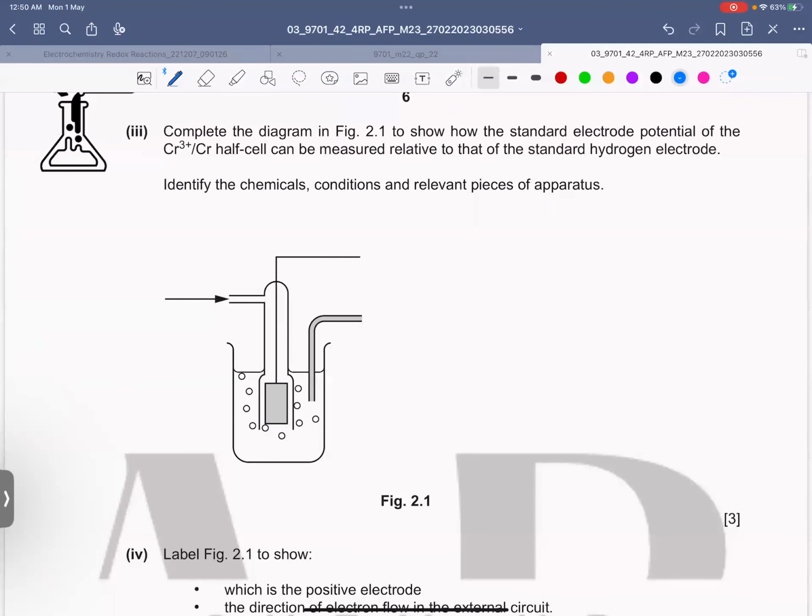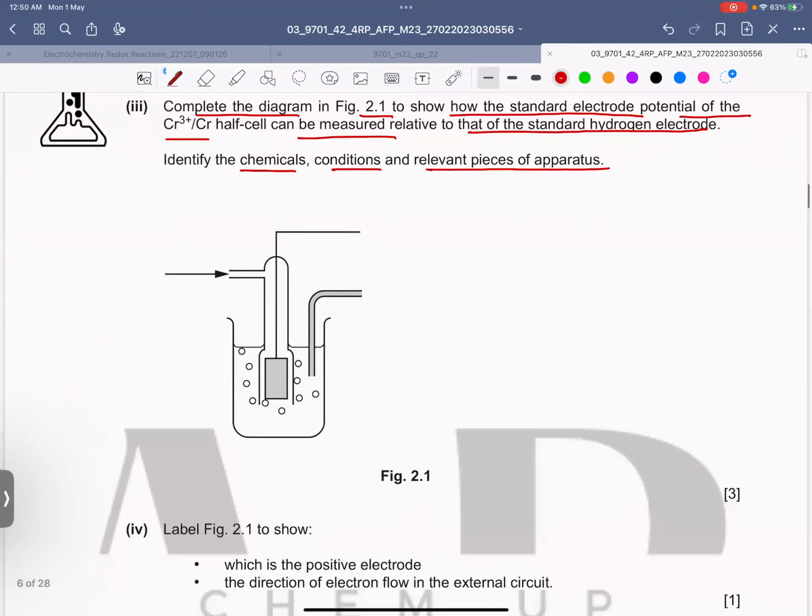Now, complete the diagram in figure 2.1 to show how the standard electrode potential of the chromium 3 positive chromium half cell can be measured relative to that of the standard hydrogen electrode. Identify the chemicals, conditions, and relevant pieces of apparatus. Okay.